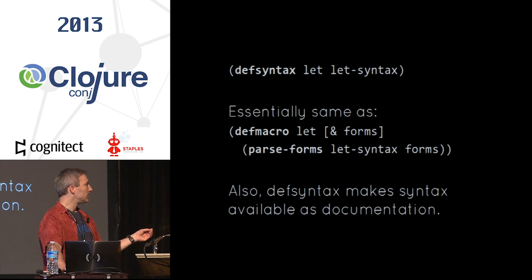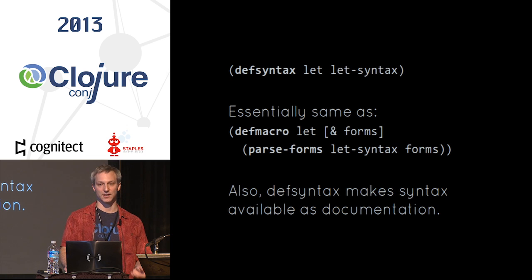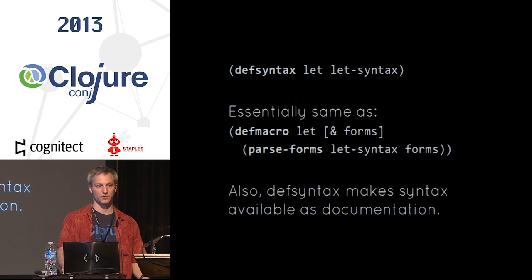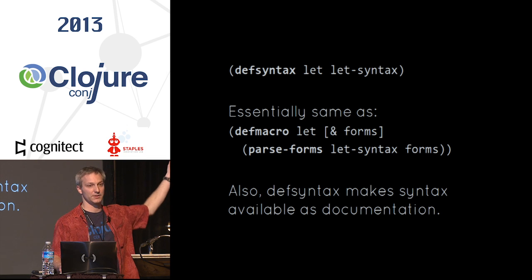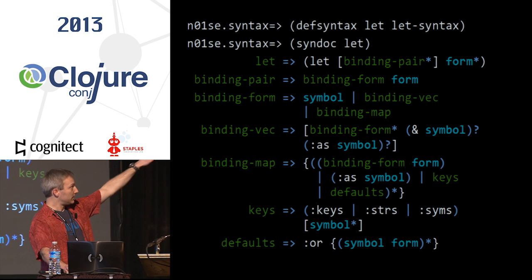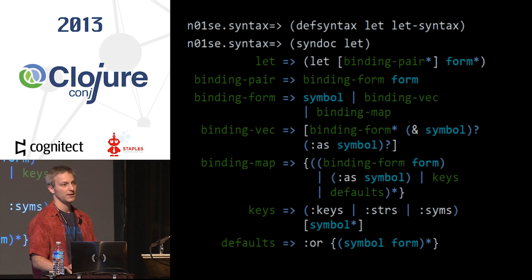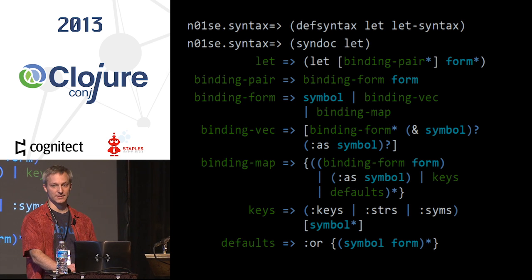Now, there's a reason you want to use defsyntax rather than just saying defmacro and calling it yourself. The reason is that it exposes the syntax, that so-called let syntax up there, for other tools to describe it. There's another tool called syndoc, which prints the syntax for any macro that has been defined using defsyntax. So let's look at that. Again, defsyntax, let syntax, and here I'm printing out the actual grammar of that syntax.